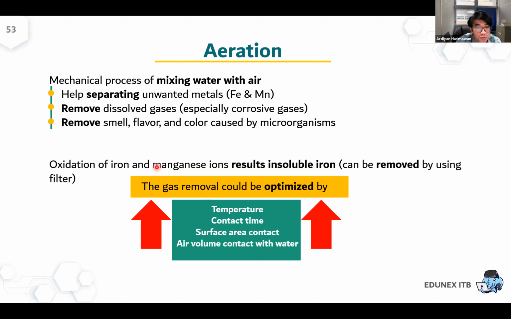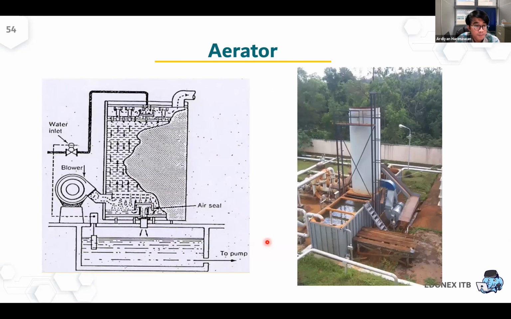Yeah, the oxidation of iron and manganese will result in insoluble iron, and then the precipitate can be removed by the filter. Okay, this process will be optimized by adjusting the temperature, the contact time, the surface area, and also the ratio between air and water. So the unit will be like this.